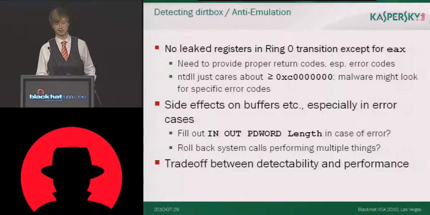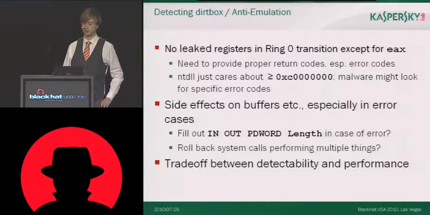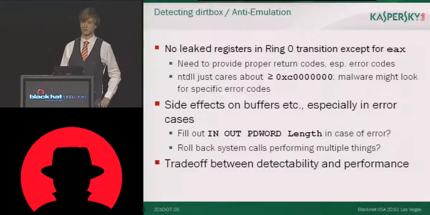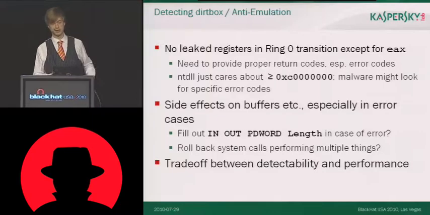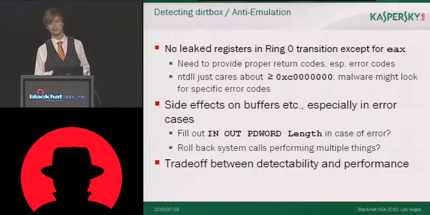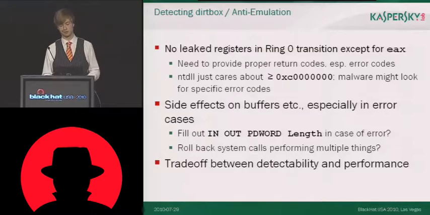Well, the real Windows code really just cares about did an error occur or not. By definition, an error is just a value above this constant. But the kernel actually does provide very specific error codes what went wrong. And malware might deliberately cause an error during a system call and might look for specific error codes to be returned. But then again, these error codes could vary across kernel versions and so on, so it's not very reliable for the malware either to do this.